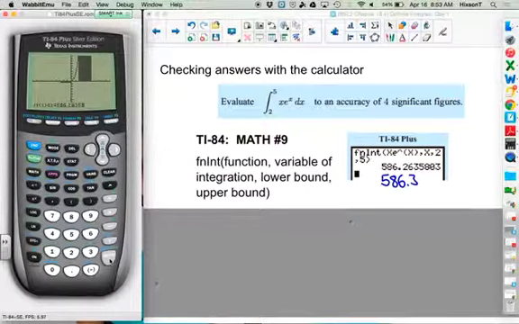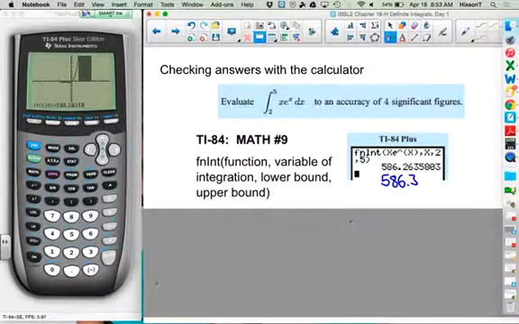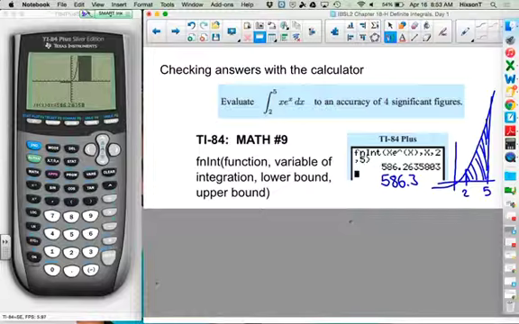Now, if you're using this on the IB exam, I've mentioned this before, if you do anything like this, they want to see a sketch. It doesn't have to be anything fancy. Here's our function, here's 2, and here's 5, and just put in what you used: calc, integral of f of x dx, and write down your answer with a sketch to accompany it.